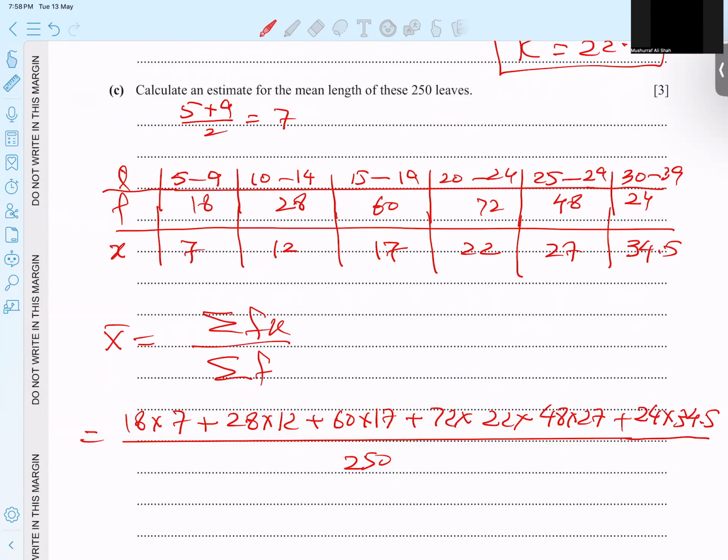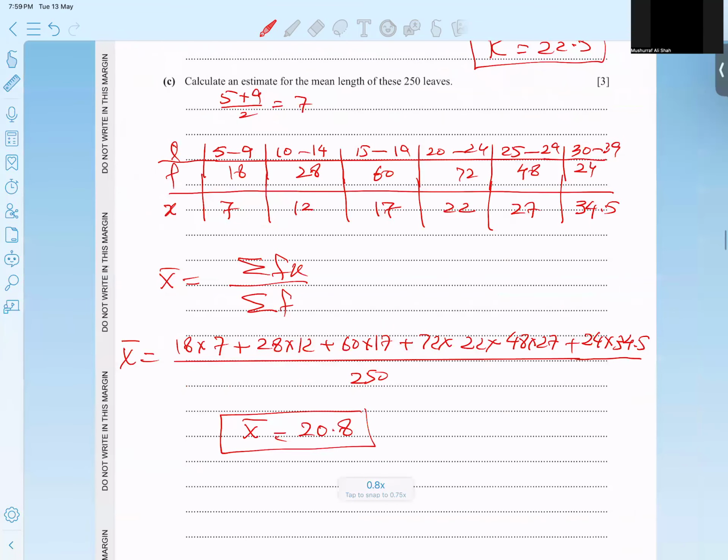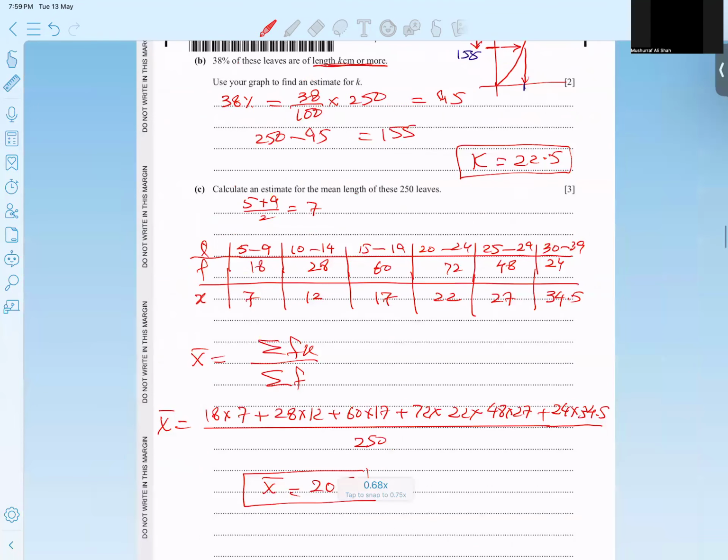Okay, and if I find the mean finally, and if I type it in the calculator, the answer turns out to be 20.8, 20.8 in 3 SF. Okay, I hope so. The concept is very clear.